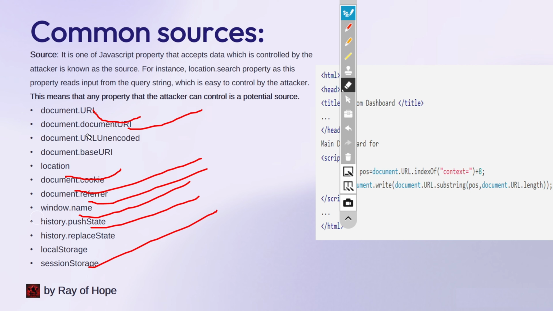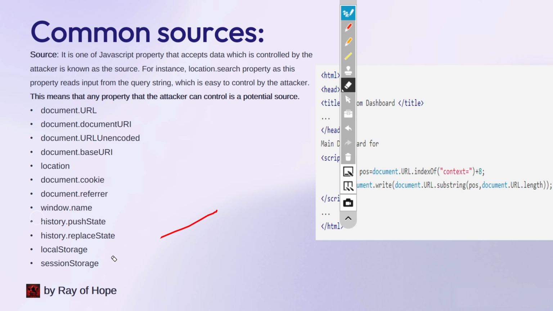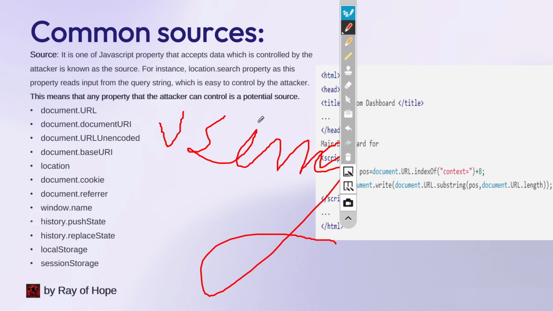We will be using that sink and this source to get information about the search that we have put. Now, we got to know that there is functionality in this application using DOM.